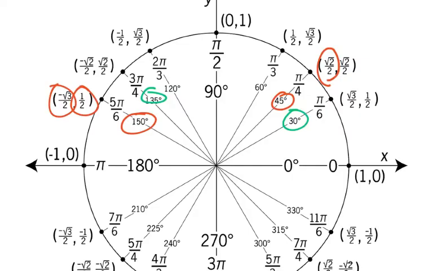So going over here, tangent of 135 is going to be our sine over our cosine, so it's going to be negative 1. And tangent of 30 is going to be the sine again over the cosine. So tangent is 1 over the square root of 3.